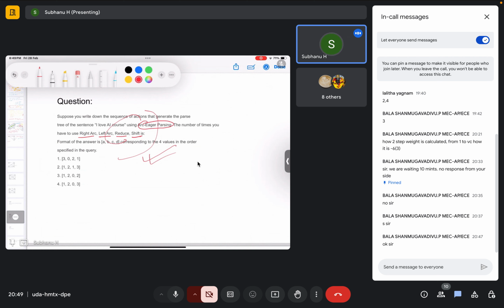Then you have to find out this one. How to do it? So we had the formula.